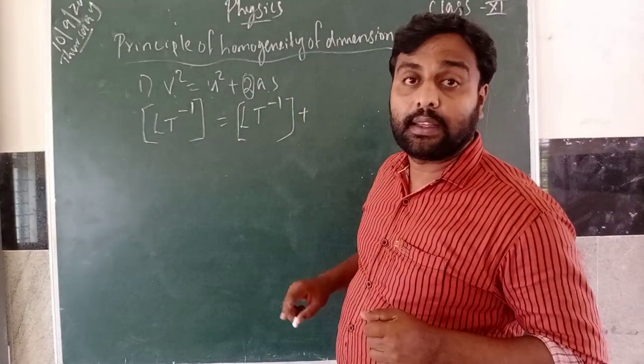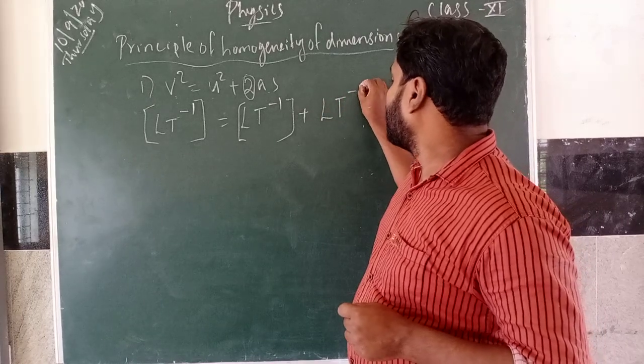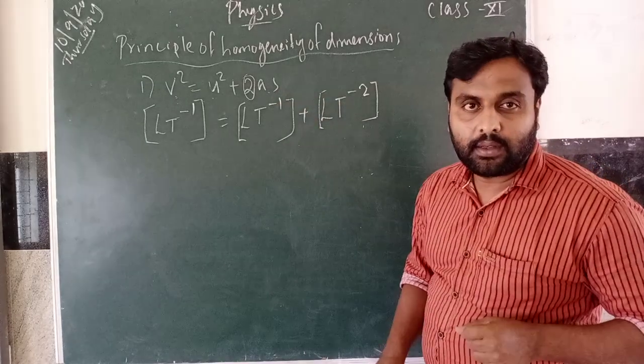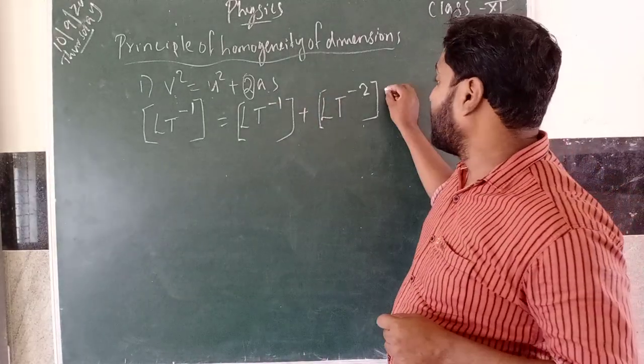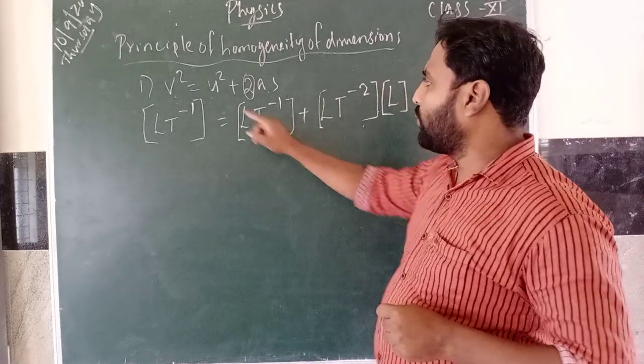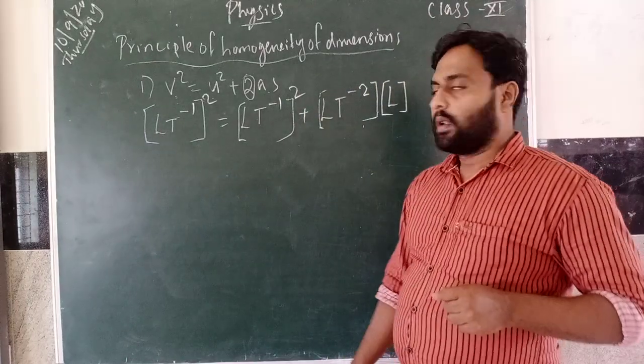And a, acceleration, has dimensional formula LT power minus 2, into s. s means displacement, so length. Now put the square here, and here also square.